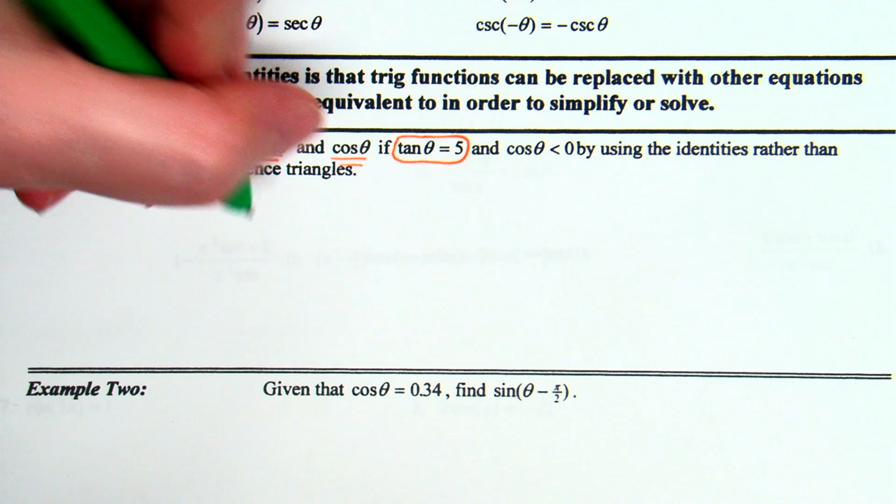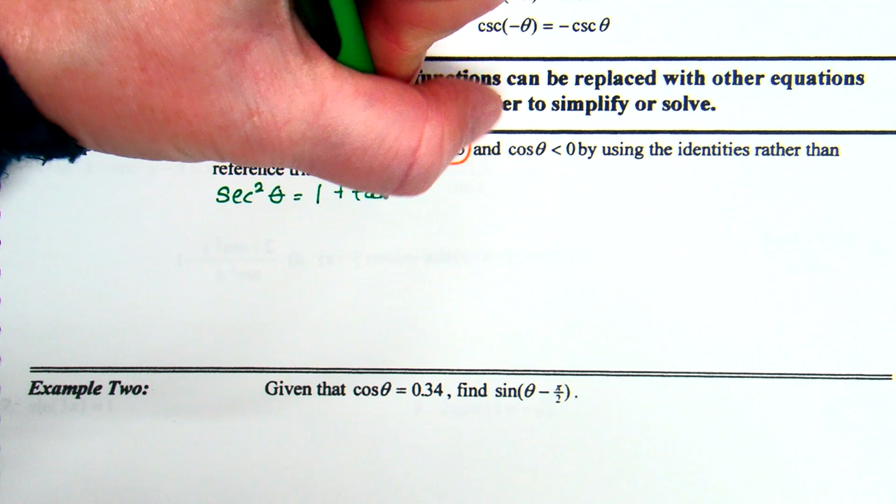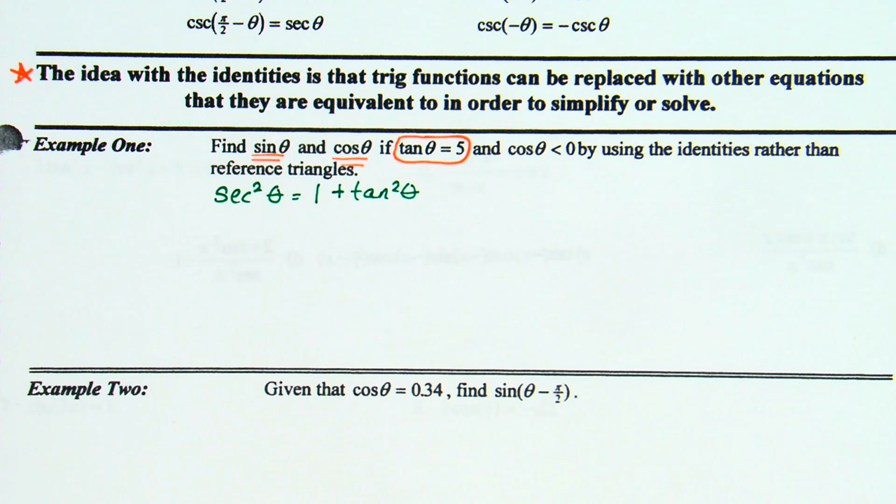So I'm going to start by writing it out. Is it okay if I flip-flop it and just say secant squared theta equals 1 plus tangent squared theta? Now, what do we know?